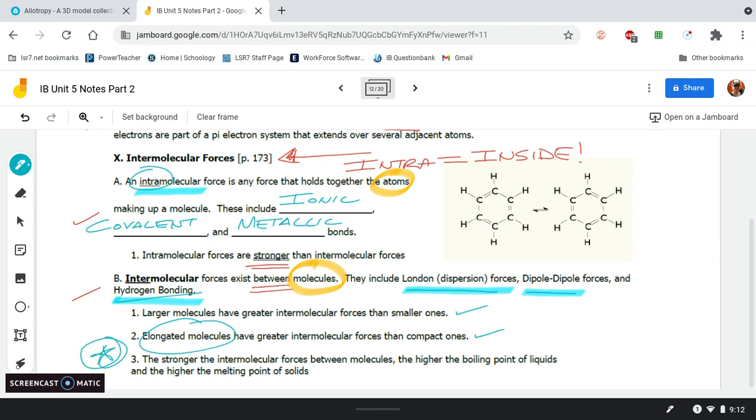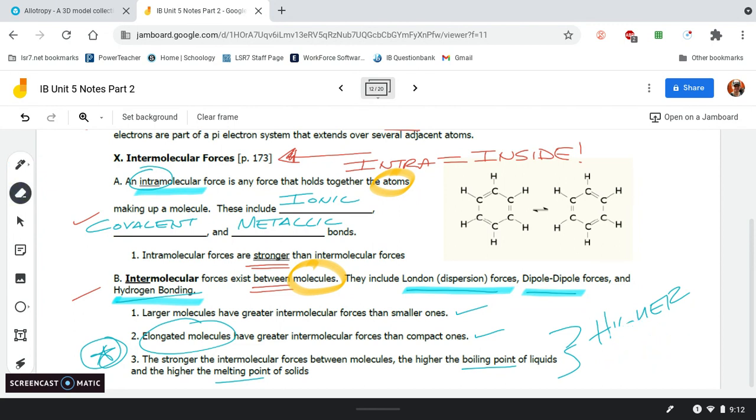The stronger the intermolecular forces are, you get higher boiling points, you get higher melting points, and you want to write down that if you have strong intermolecular forces, you have higher everything. So you have higher points, whether that's a melting point, a boiling point, a freezing point, like everything is going to be higher on these, so melting points, boiling points, viscosity, everything is higher.